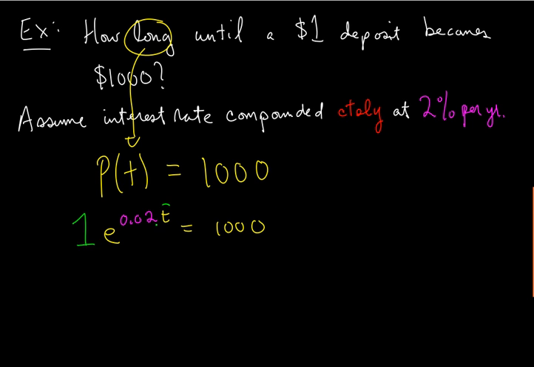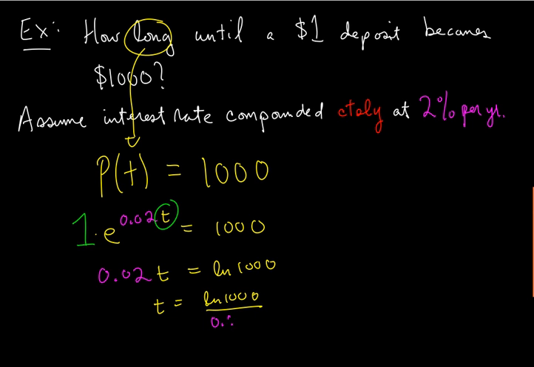We want to solve for t, so what should we do? Well, we could ignore the 1, dividing by 1 doesn't matter. We take ln of both sides, and we get 0.02 times t equals natural log of 1,000, and so therefore t is equal to natural log of 1,000 divided by 0.02.